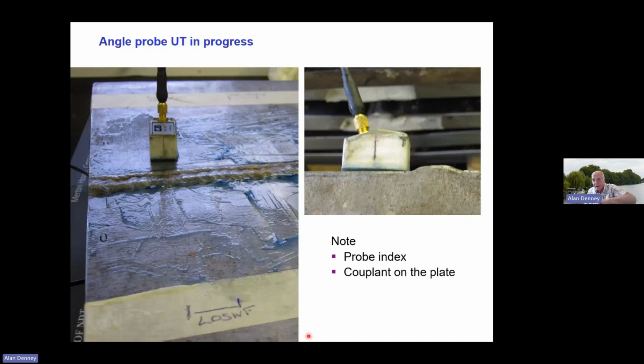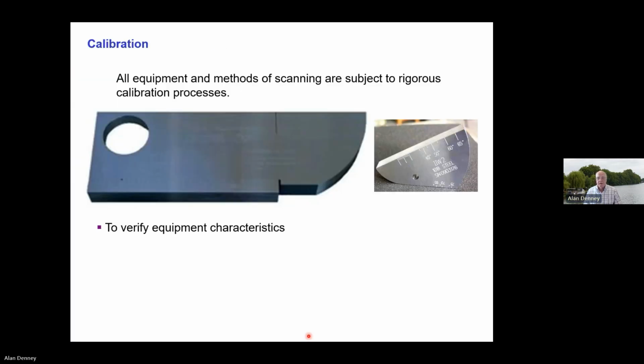That vertical line on the side of that probe is where the center of that beam exits that block. That's just a transmission block, as it were, to get the beam out at the fixed angle. And then you've got the couplant on the plate, which provides continuity for the beam.